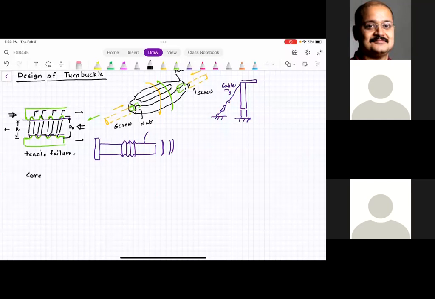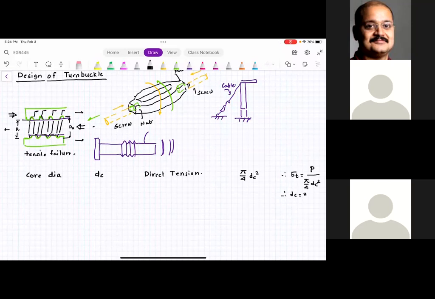First, core diameter. That dimension is DC. That is using direct tension. And that cross-section resisting area is pi by 4 DC square. So the equation is sigma T is equal to P divided by pi by 4 DC square, and from here, you can find out the value of DC.